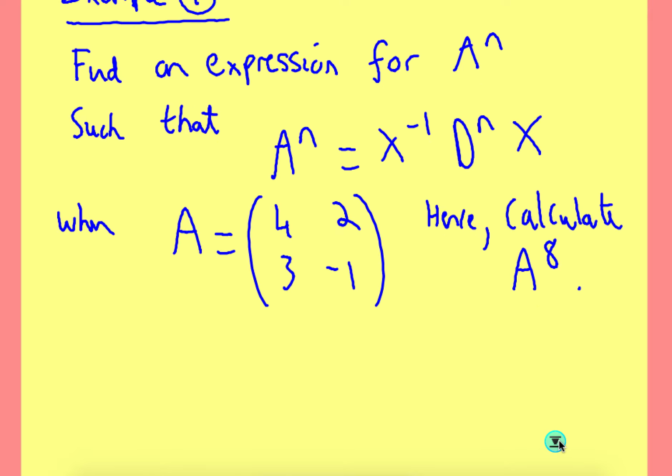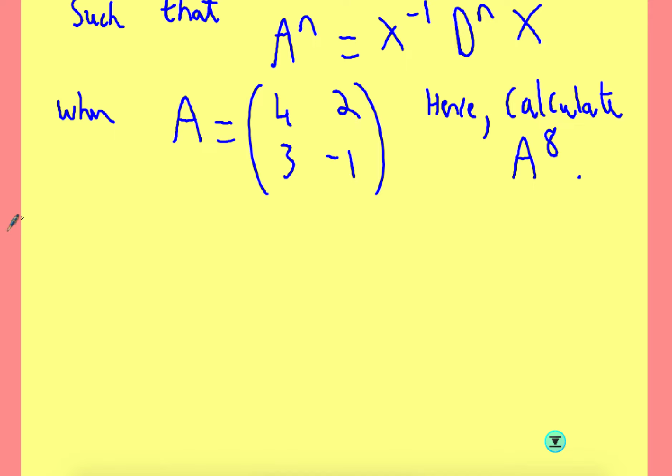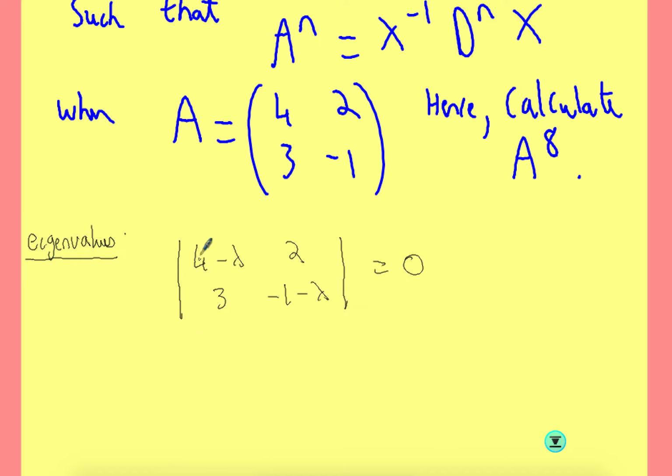Right, so first thing you're going to do is work out the eigenvalues. It's 2 by 2, so these are fairly easy. So it's just the determinant of 4 take away lambda, 2, 3, negative 1 take away lambda is equal to 0. AD take away BC, so (4 take away lambda)(negative 1 take away lambda) take away 6 is equal to 0.